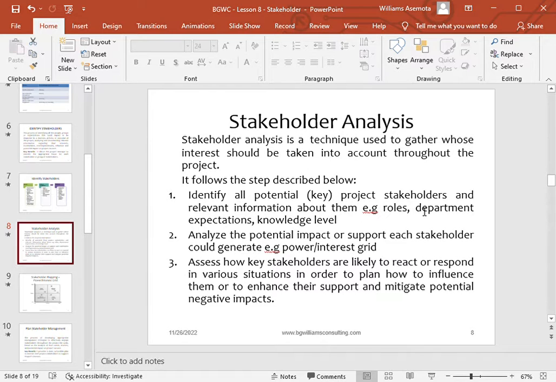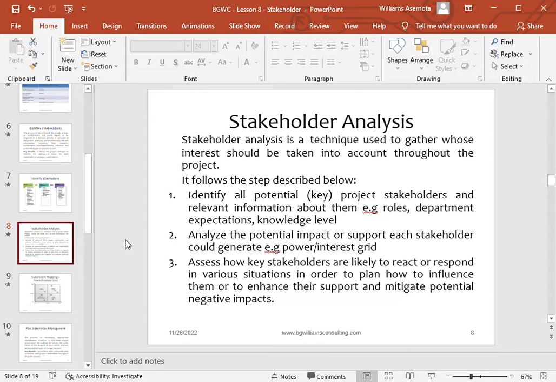What is his power? Does he have the authority to make decisions? All these are analysis. So that is what we refer to as stakeholder analysis, so that you can know very well the level of influence that particular stakeholder has in your project. It is very key that this is taken care of.